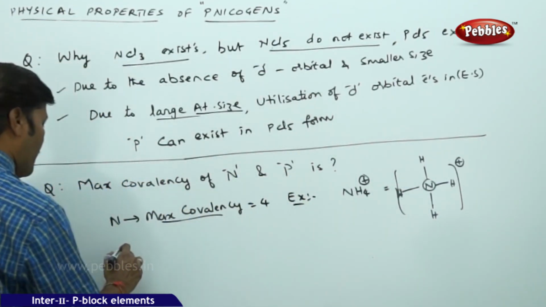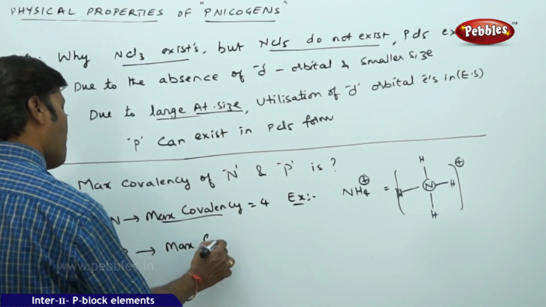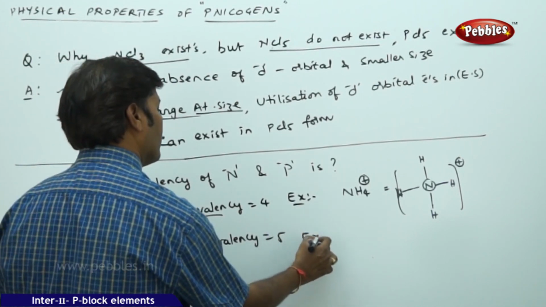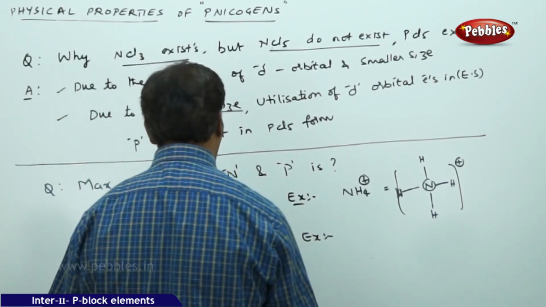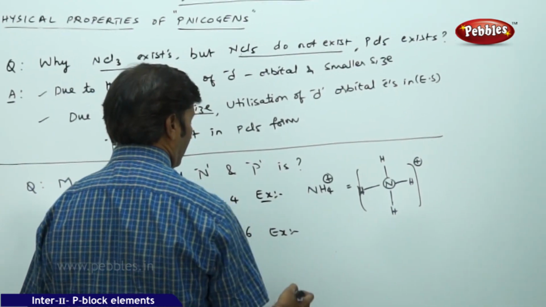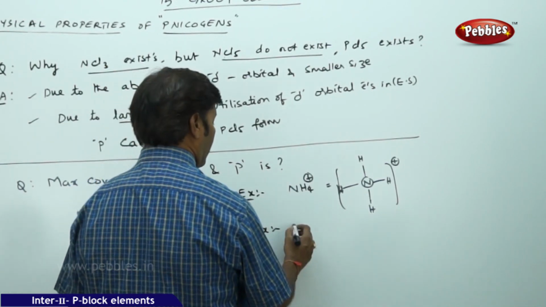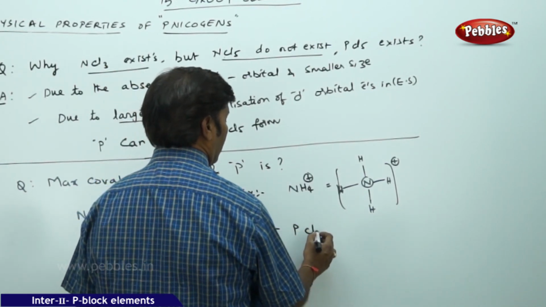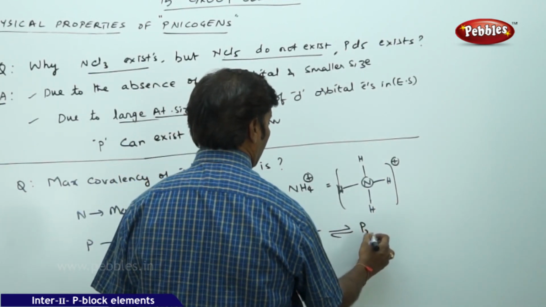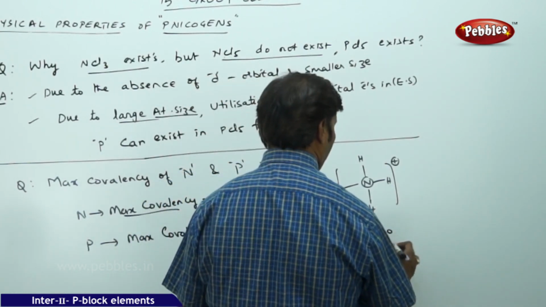But for phosphorus, the maximum covalency is up to 6. For example, it can exist as the PCl5 molecule. When it dimerizes, it becomes P2Cl10, which is a solid.